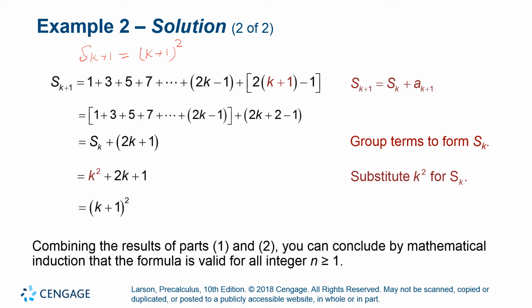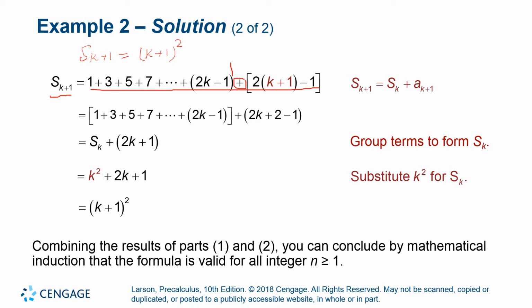So we do have a whole lot of ways to work with this. So let's go ahead and work with what they have. According to what we said before, then S of k plus 1 will be all the numbers up to k plus 1. So notice it's going to be 1, 3, 5, 7 up to this number plus the next term.